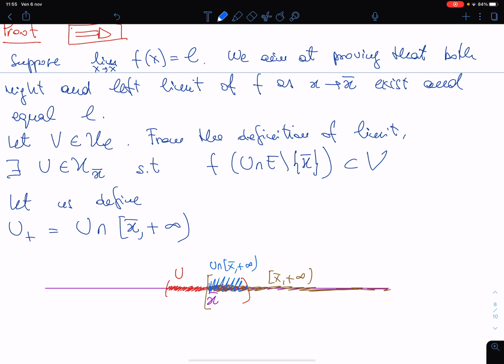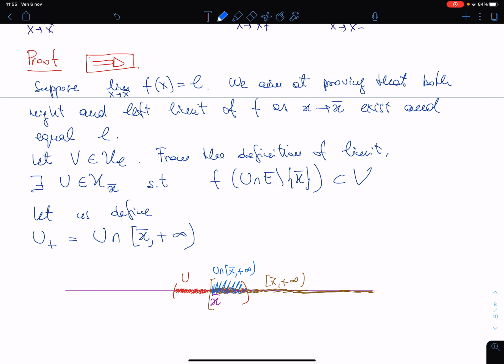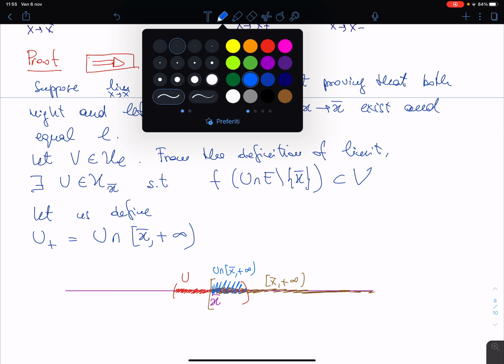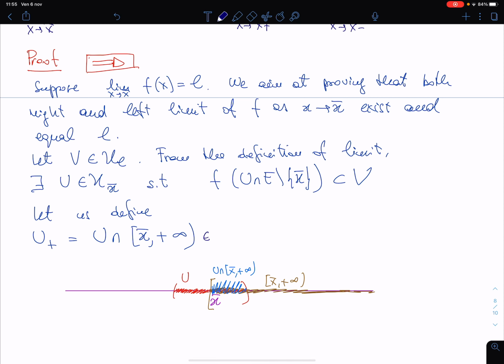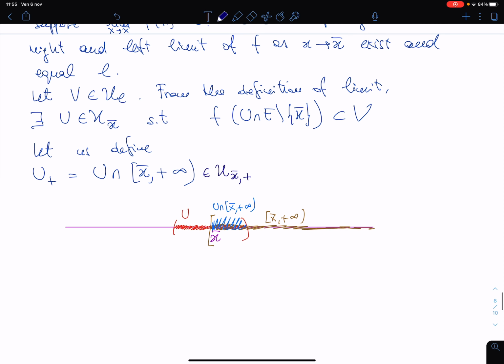And notice that this intersection results in being a right neighborhood of x bar. So this is an element of U x bar plus.